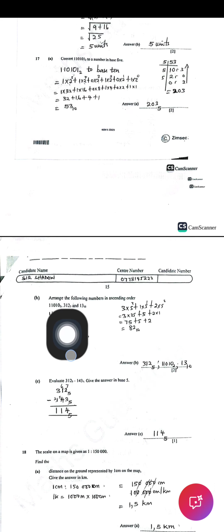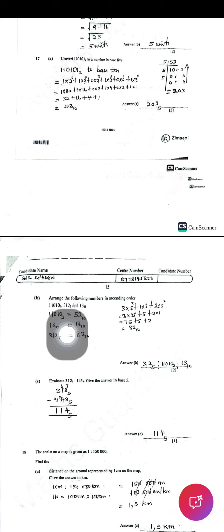So what I can say here is, ascending order starts with the smallest number. Which one is the smallest number?